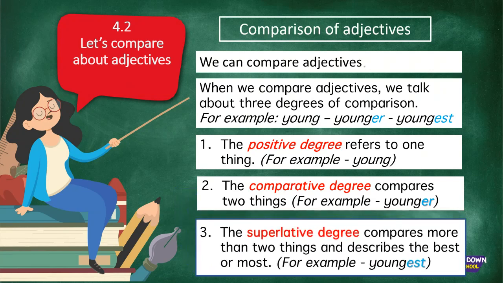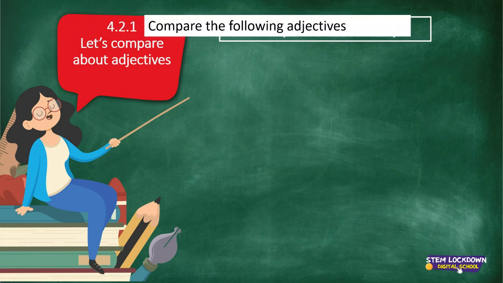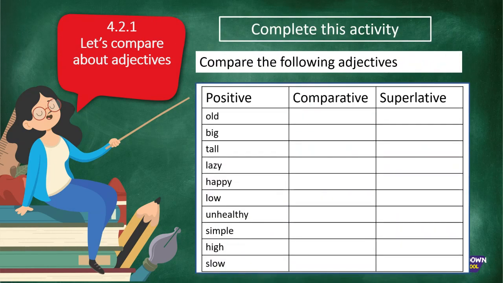The superlative degree compares more than 2 things and describes the best, and usually you add est. For today's lesson, we are just going to do this way of doing it, young with the er and the est. Okay, remember that. And then I gave you a whole lot of words to compare.